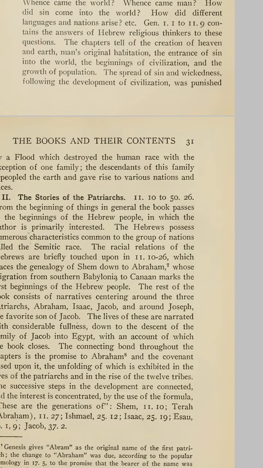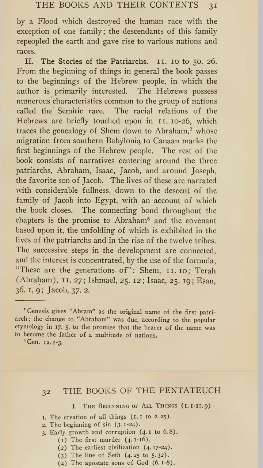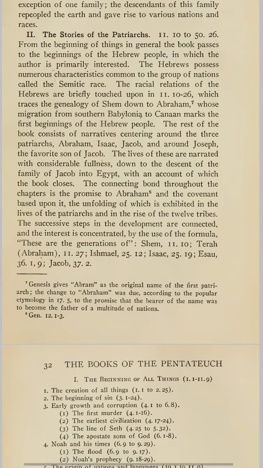The chapters tell the creation of heaven and earth, man's original habitation, the entrance of sin into the world, the beginnings of civilization, and the growth of population, the spread of sin and wickedness, following the development of civilization, was punished by a flood which destroyed the human race with the exception of one family. The descendants of this family repeopled the earth and gave rise to various nations and races.